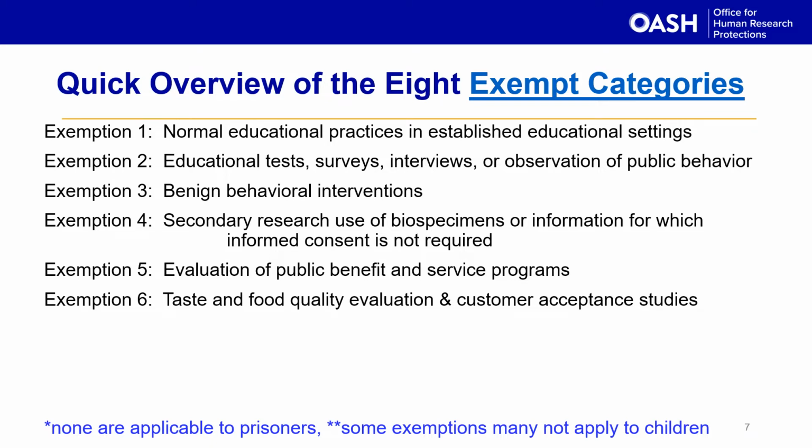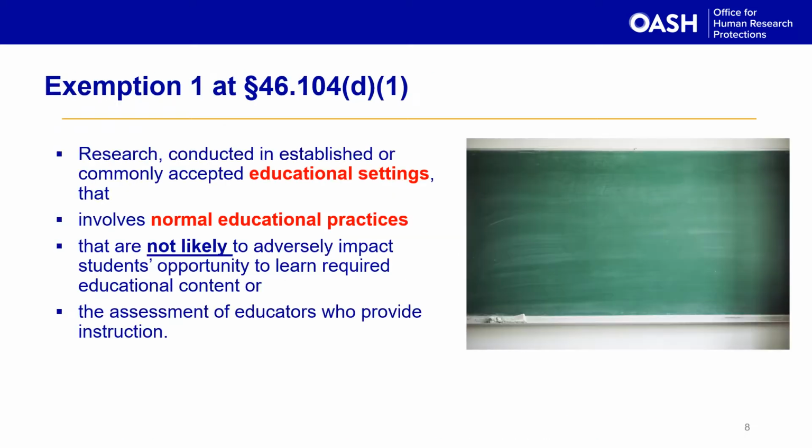Due to the introductory nature of this presentation, these two exemptions will not be discussed. If you're doing prisoner research, your research is not eligible to be exempt. As we discuss exemptions 1 through 6, I'll point out any restrictions or limitations when conducting research with children. With that, let's go ahead and jump into what we've been looking forward to talking about today, the exemption categories.